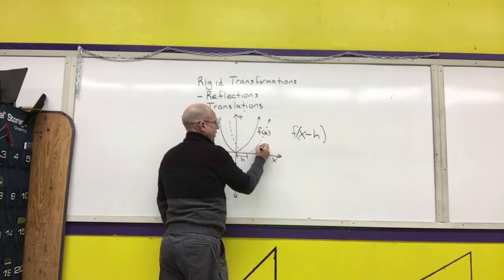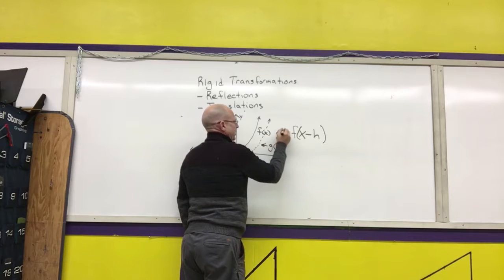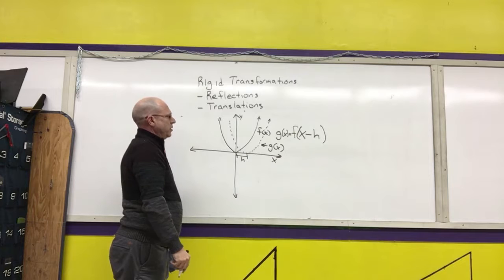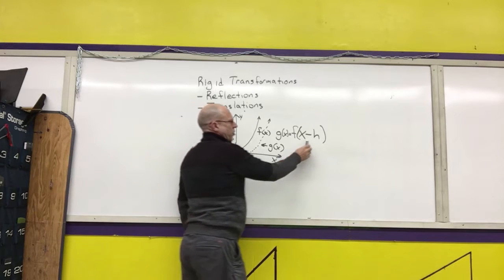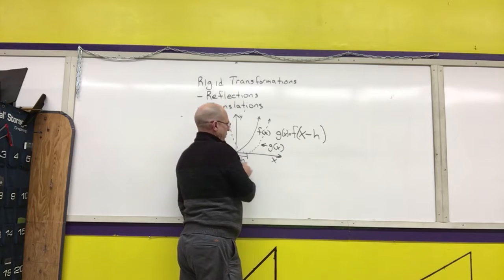And if I call this graph g of x, I would say g of x equals f of x minus h. So if you are subtracting a number before you perform the function rule, you're going to move to the right.